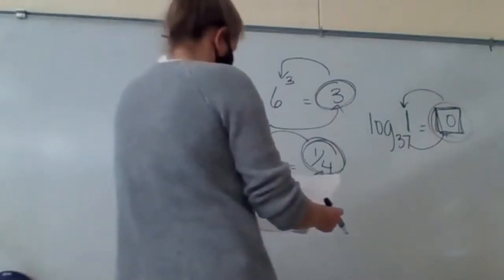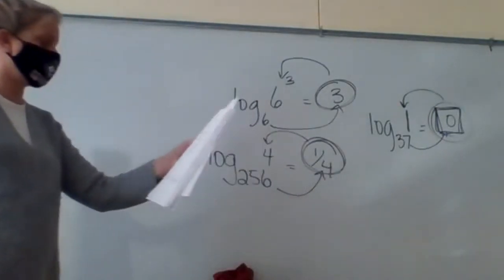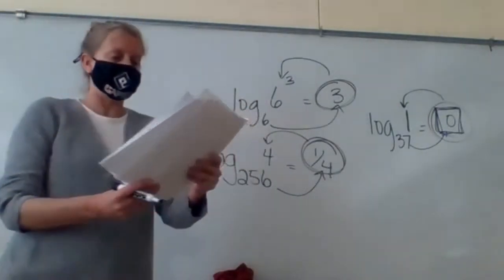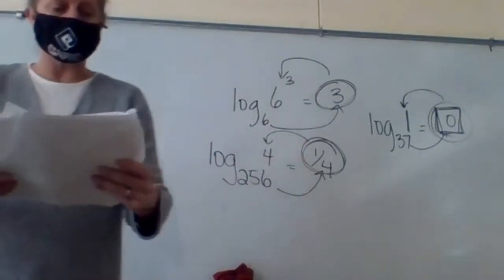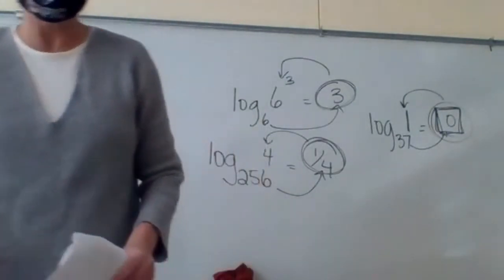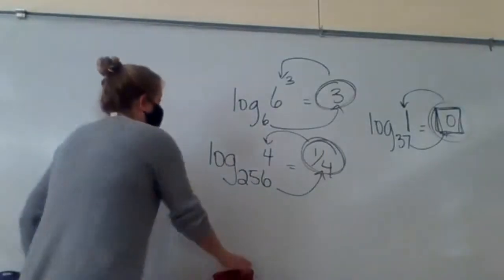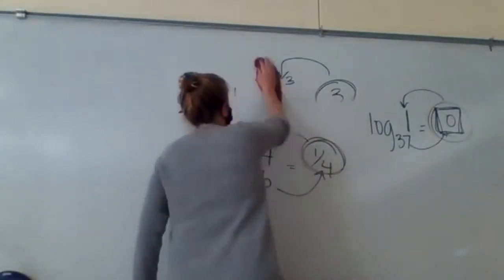Number 10, 11, 12, and 13 all say convert to a logarithmic equation. So what it's going to do is give us an exponential equation and ask us to convert it to a logarithmic equation.